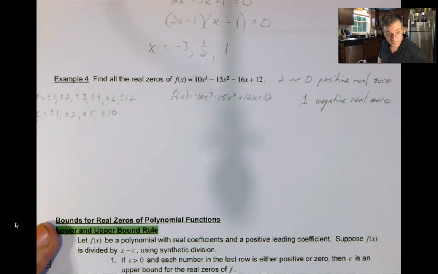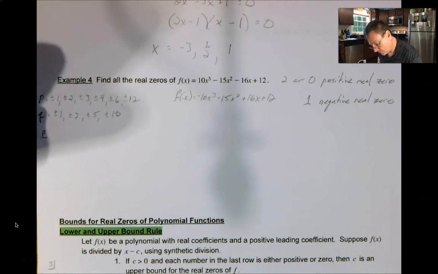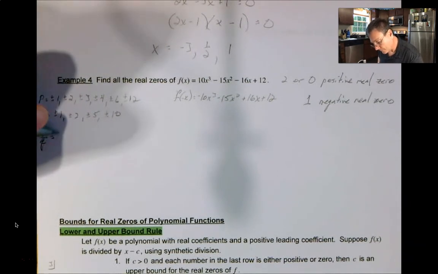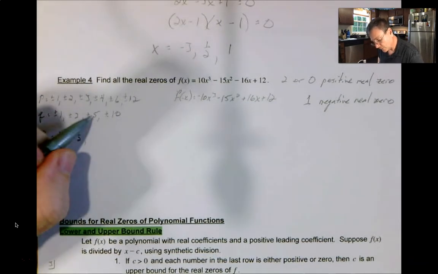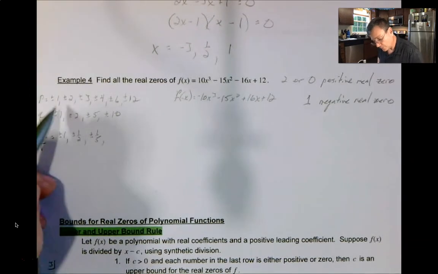P over Q has 1 over 1, plus or minus 1, plus or minus 1 over 2, plus or minus 1 over 5, plus or minus 1 over 10.